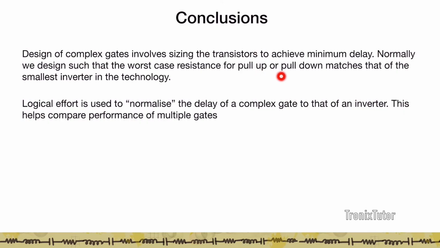That way, we ensure that at least one part of the delay is minimized. We use the method of logical effort to normalize delays across multiple logic gates, and this becomes very useful when we look at the design of a data path, or when we try to minimize the design so that we can achieve minimum delay, which we will look at in subsequent lectures.